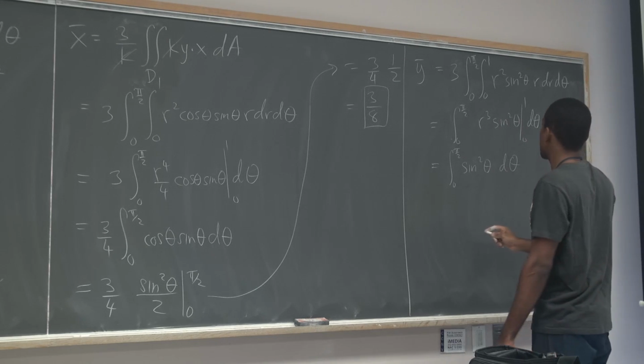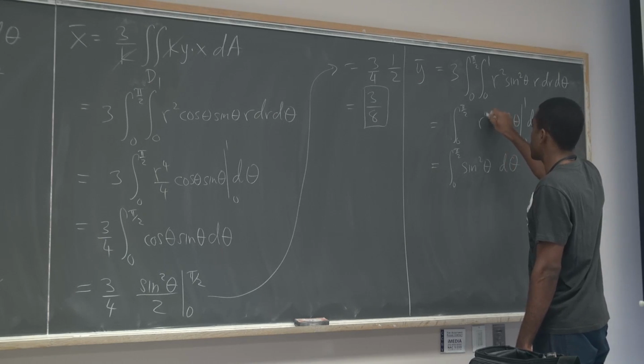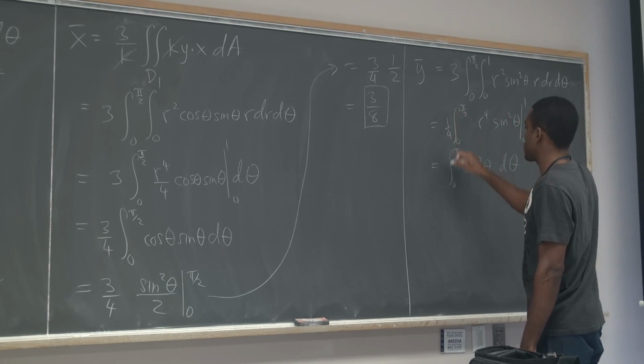Oh wait, no, it's going to be r cubed, then r to the 4th over 4. The 3 wouldn't cancel, right?